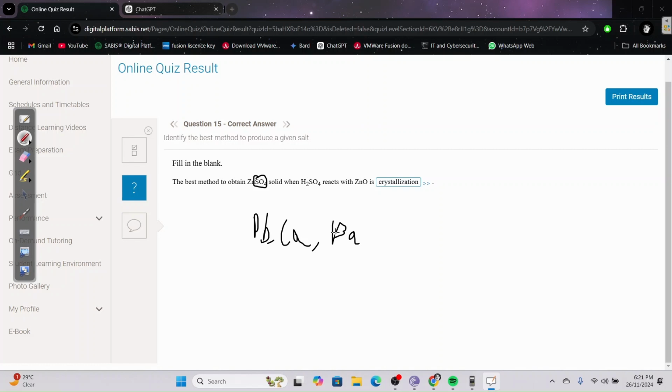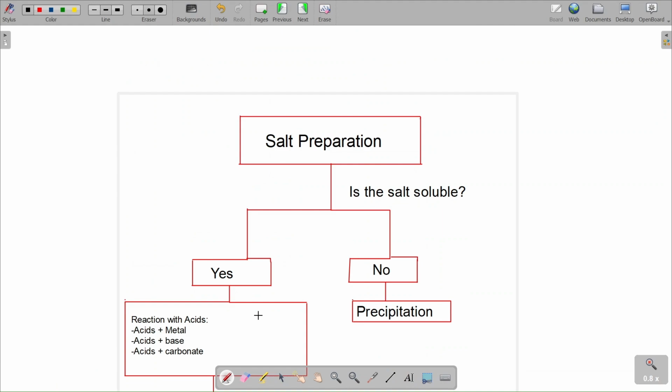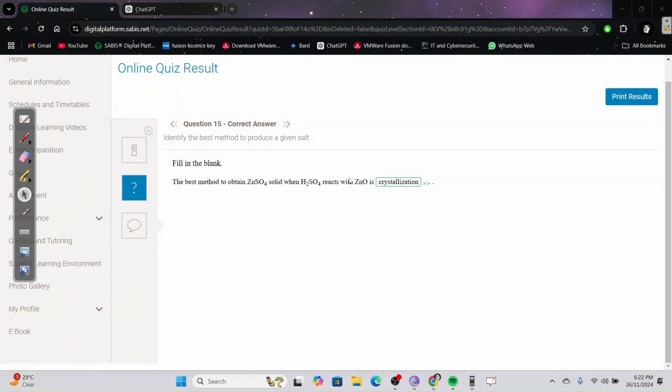Zinc sulfate is not part of lead, calcium, or barium, so it's soluble in water. Now, precipitation: it says, is the salt soluble? If not, use precipitation. The salt is soluble, so precipitation is out straight away.